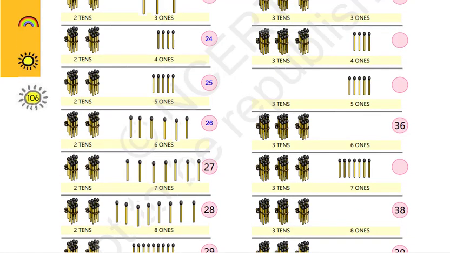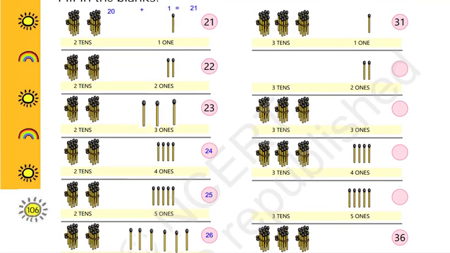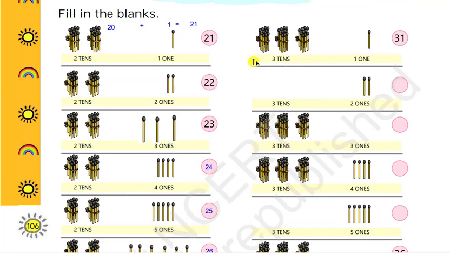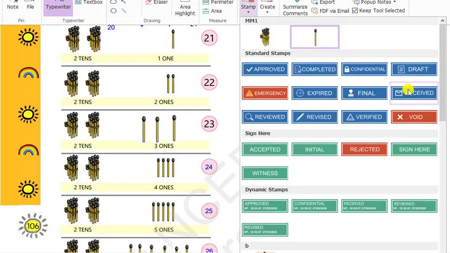Next comes 31. So 31 means 3 tens and 1 loose matchstick. So 31. Next is 32. So 32 will be how much? 3 tens and 2 ones. Now 3 tens means again 3 bundles of matchsticks.